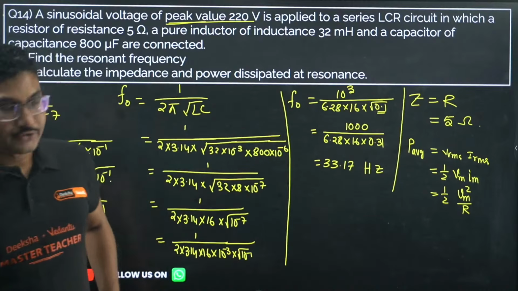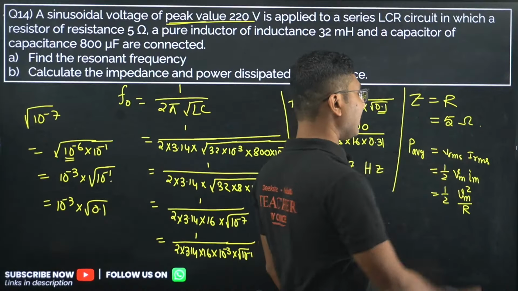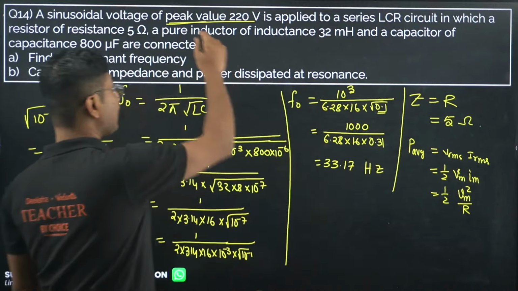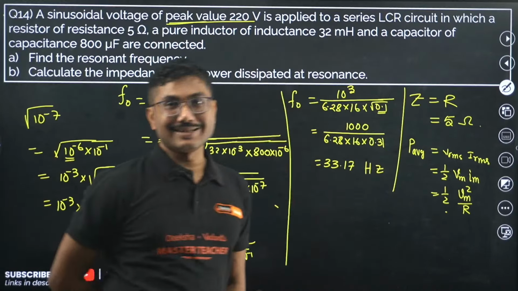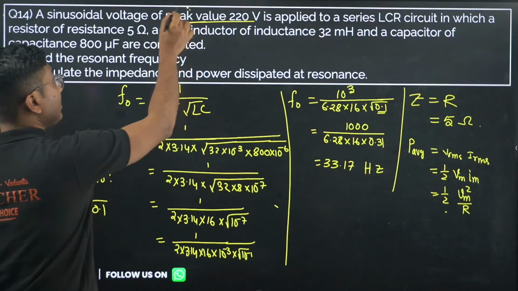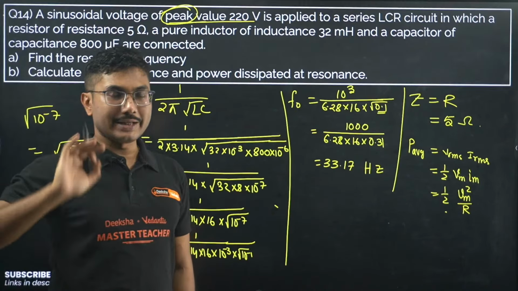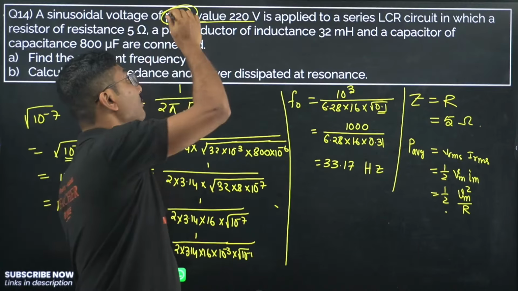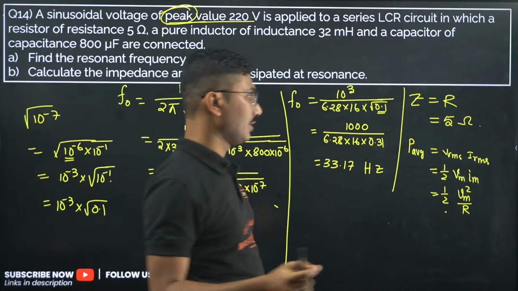Because peak value is given, you cannot simply calculate the current, or you can take this value as RMS. You have to take this half. Make sure you read the question carefully, whether it is mentioning peak value or normal voltage. If nothing is mentioned, it means RMS. If peak value is mentioned, it means it is Vmax, not the VRMS.